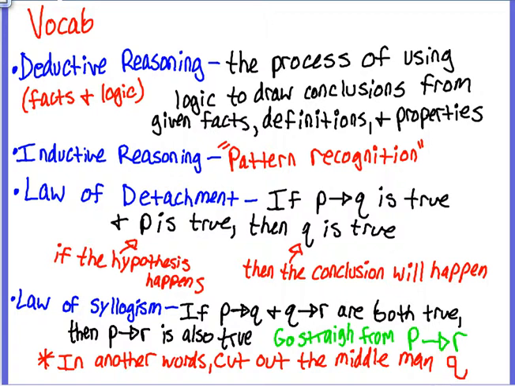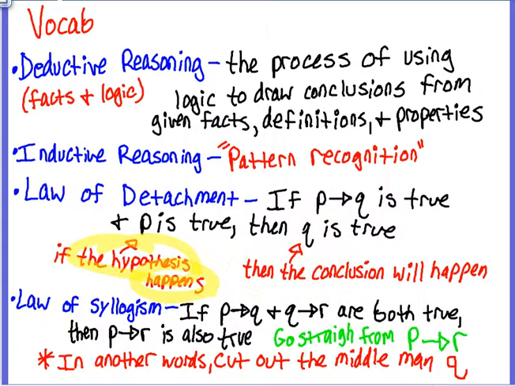Remember, getting paid was the hypothesis. In other words, the hypothesis has happened. So if he got paid, you can logically expect and conclude that he will do Q, which was take her to the movies. So her going to the movies depended on whether or not he got paid. But if he gets paid, you can conclude it.